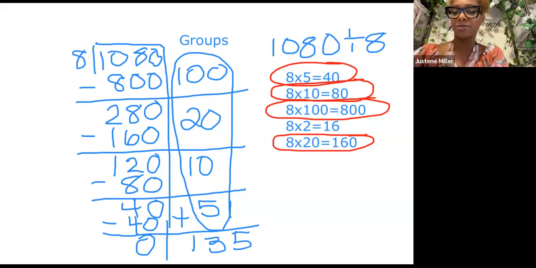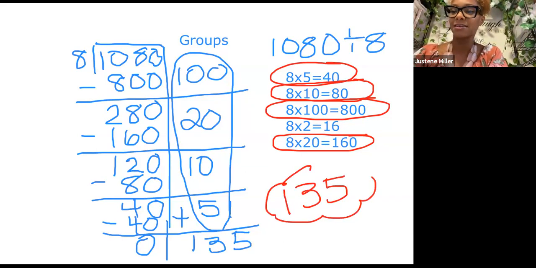So our final answer for how many groups of 8 are in 1080 is 135. Fluffy cloud. Because math teachers love when you circle your answer or show where your answer is.